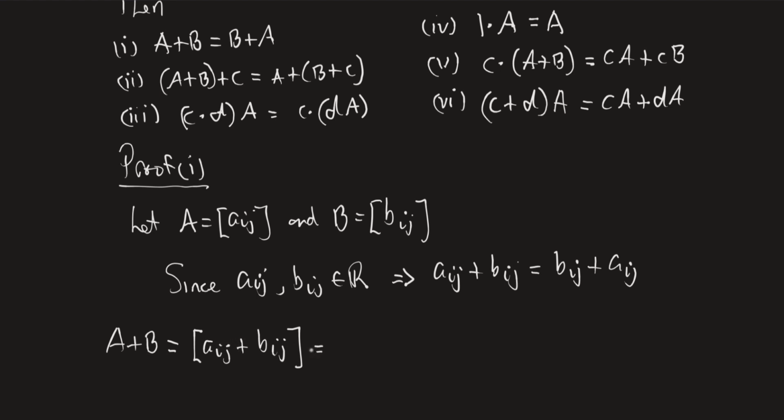I can apply the commutative property of real numbers right here and write this as Bij plus Aij. But this is how we would define the sum of matrix B plus matrix A. So in other words, this is B plus A, right?